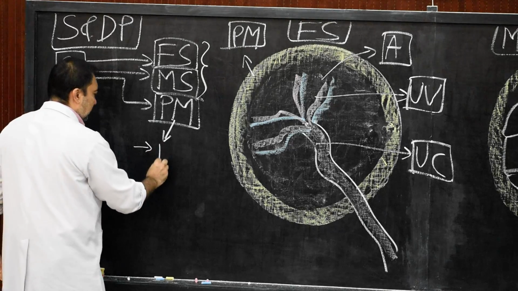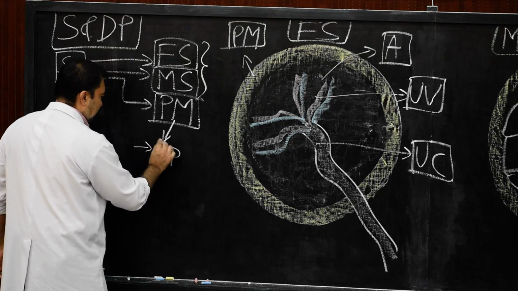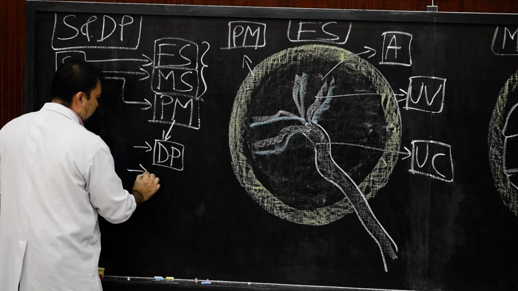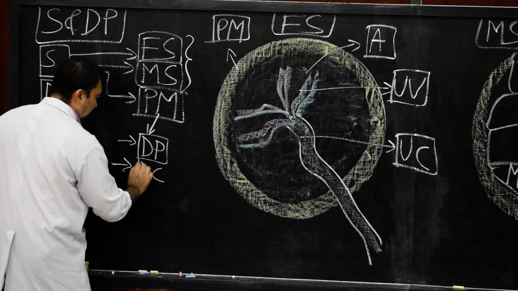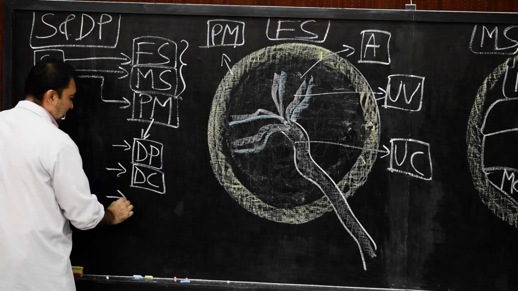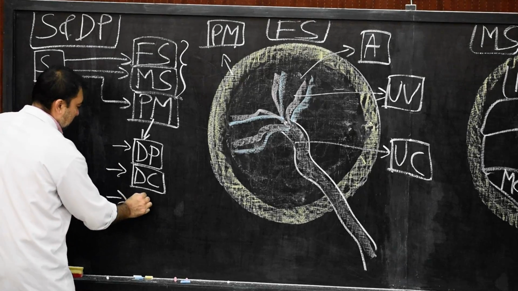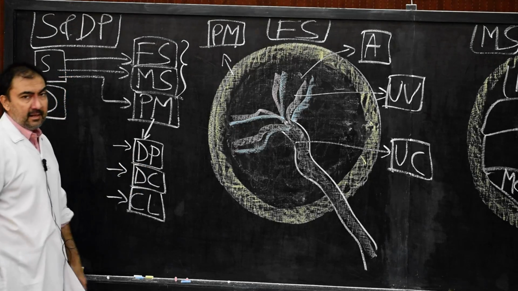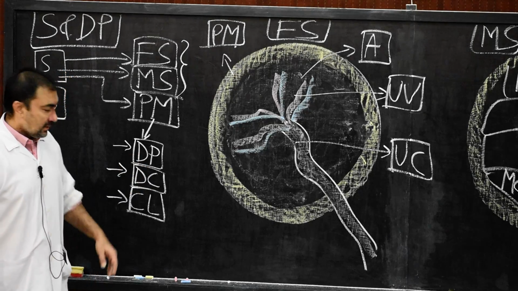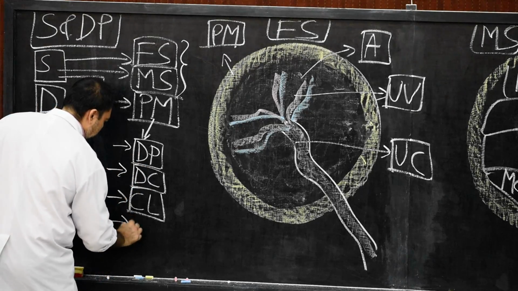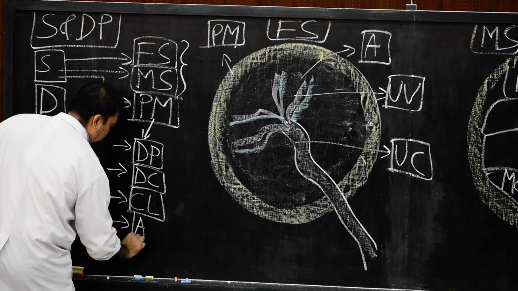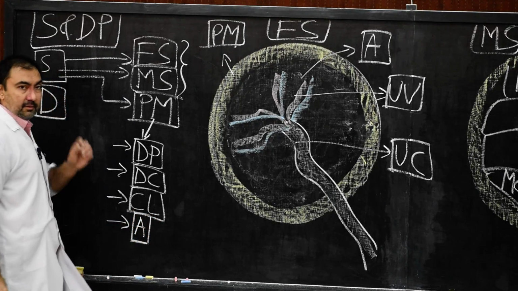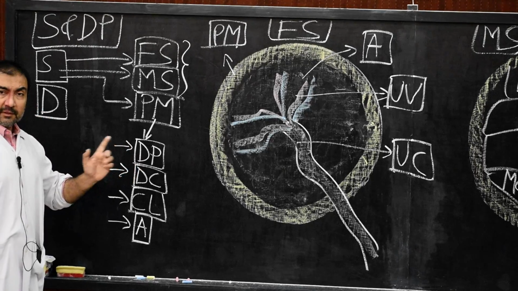They are decidua parietalis, which will join with decidua capsularis, which will join with chorion laeve. The spelling of laeve is L-A-E-V-E. And it will join with the membrane called amnion. So this is a 1 mark question answer.